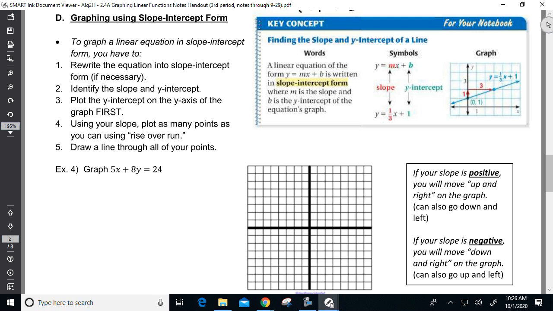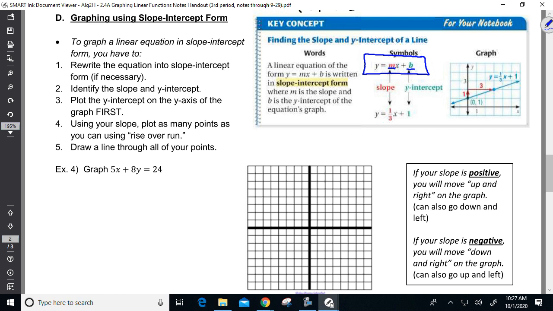So let's do slope-intercept. Slope-intercept form is y equals mx plus b. M is the slope, b is the y-intercept. We use those two to graph the line.